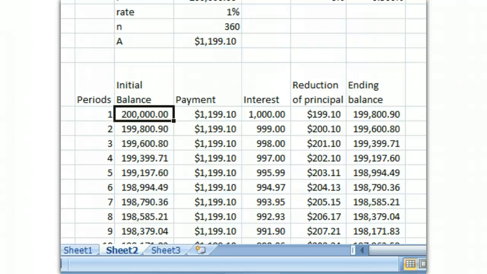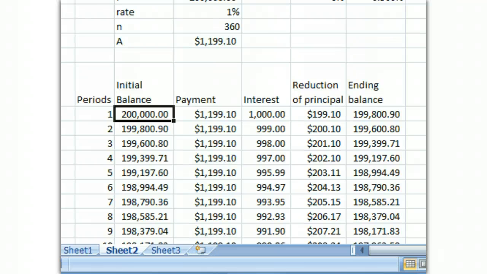At the beginning of the second month, you owe $199,800.90. Again, you make a payment of $1,199, and now the amount of interest you need to pay is only $999, and the amount that you can reduce the principal by is $200.10.